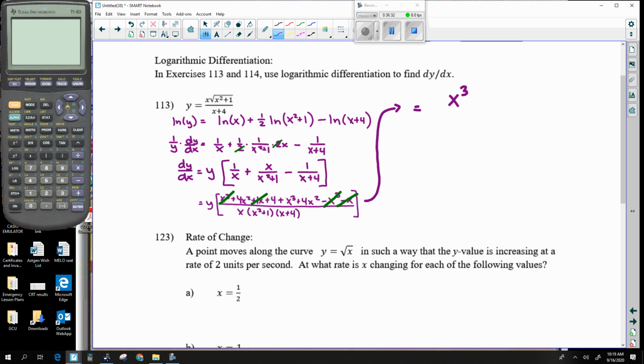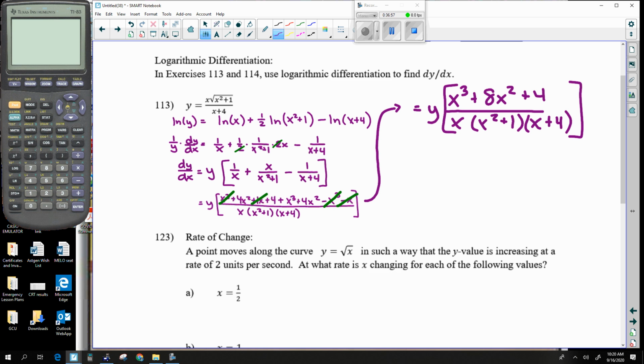I just don't want to mess up here real quick. I've come too far. x to the third plus 8x squared plus 4 over x squared plus 1 and x plus 4 with an outside y.